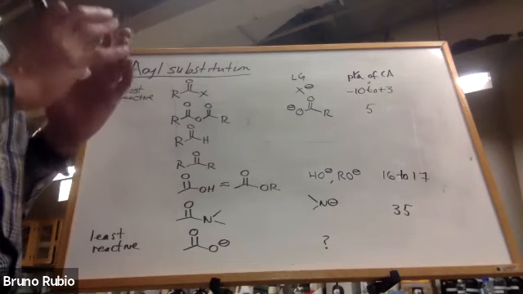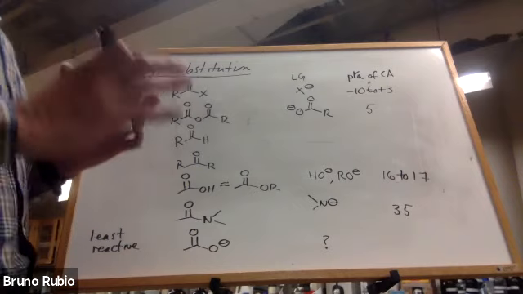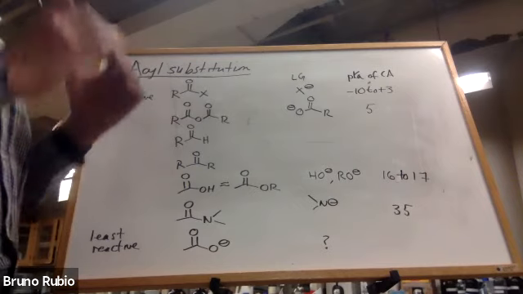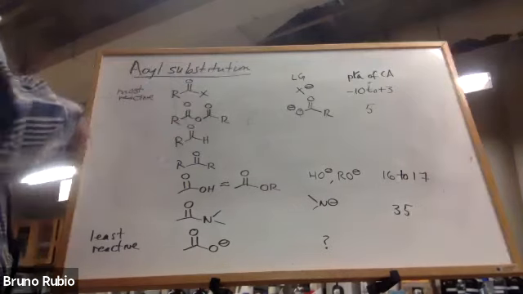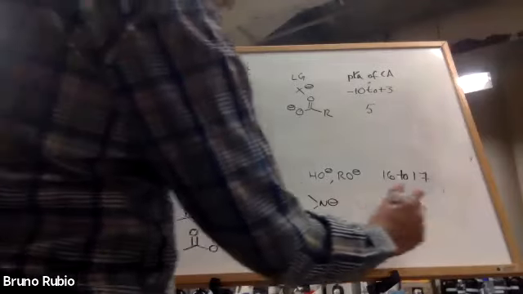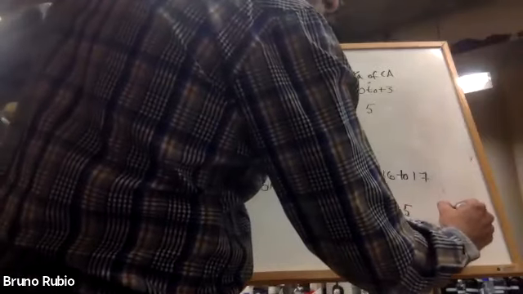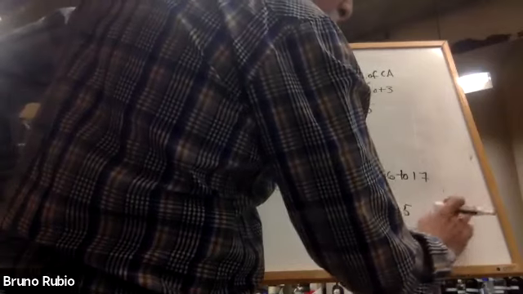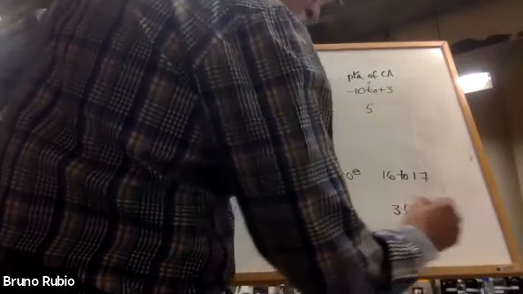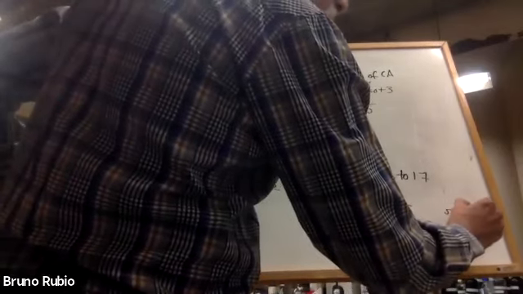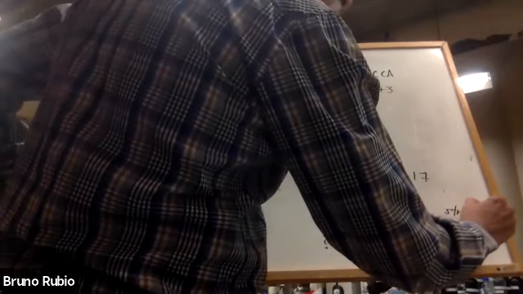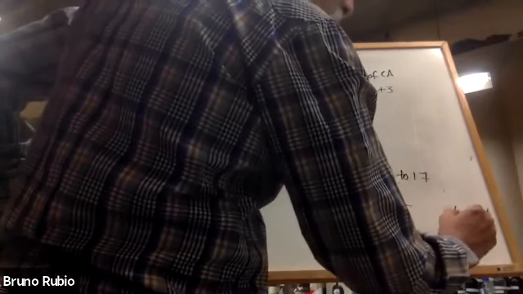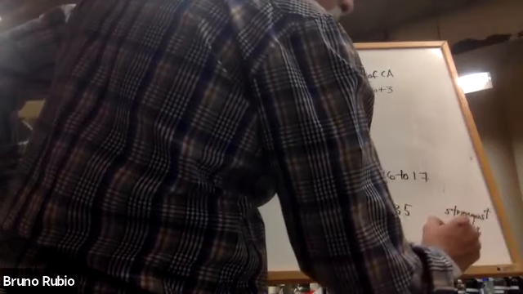Okay, so the reactivity order is explained by the fact that the best leaving groups are the weakest bases. And the weakest bases have the strongest conjugate acids. So this guy here is the weakest conjugate acid. This is the strongest base, the worst leaving group.